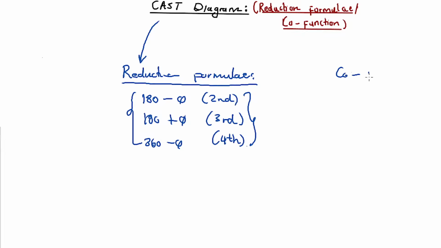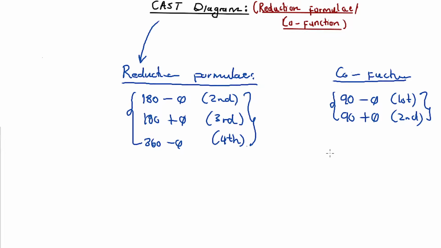And then we also talked about co-functions. We only have two formulas. It's 90 minus theta, first quad. We also have 90 plus theta, second quad. Okay, so co-functions, it's where the sine changes to cos and vice versa.